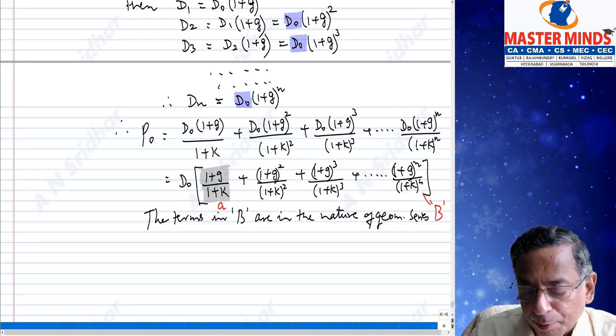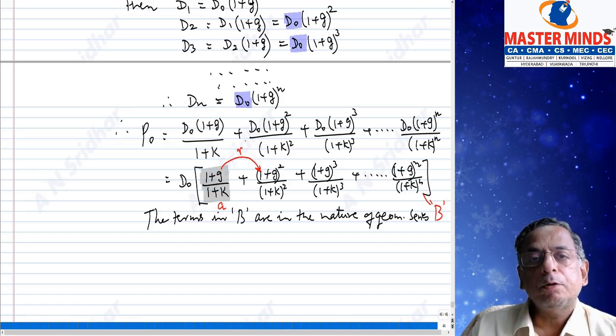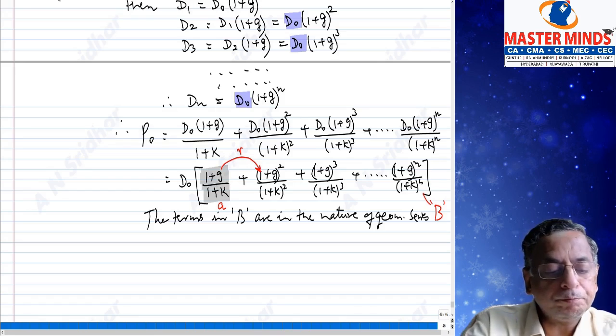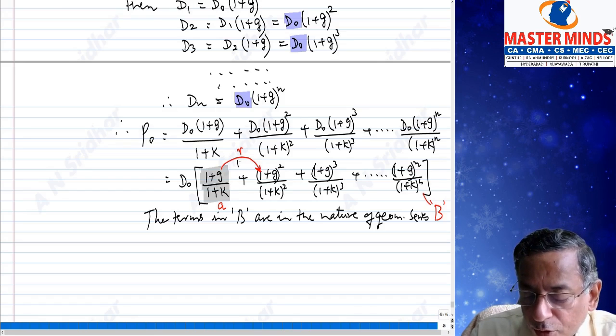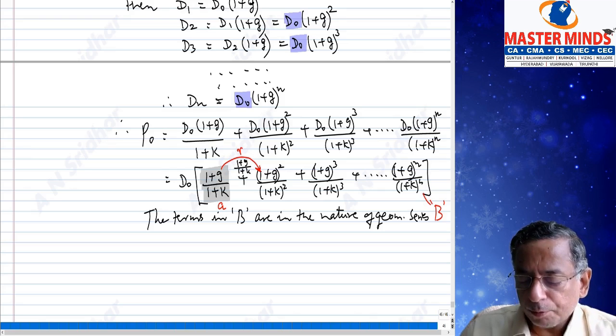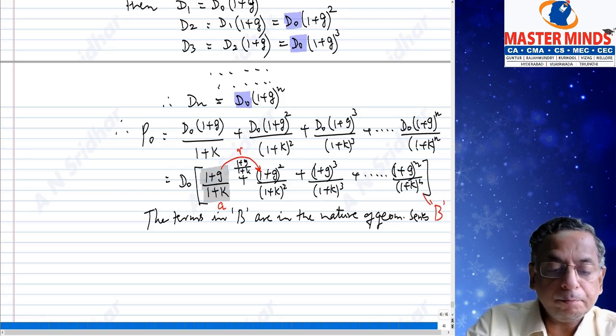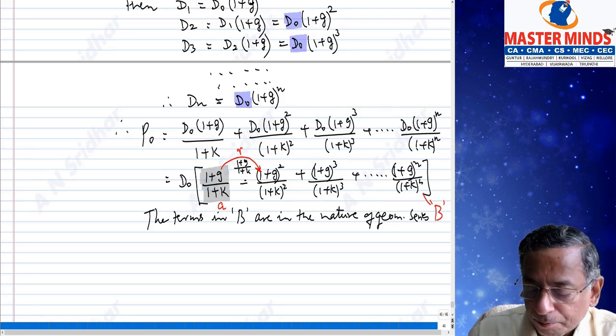What is the constant multiplier? It is again the same. So the constant multiplier is also 1 plus g upon 1 plus k.